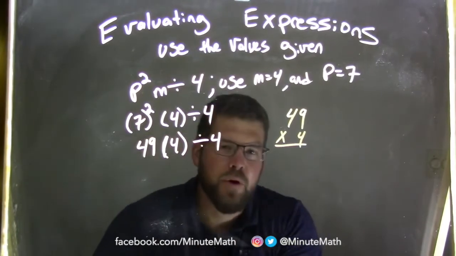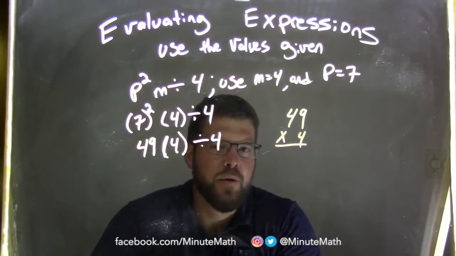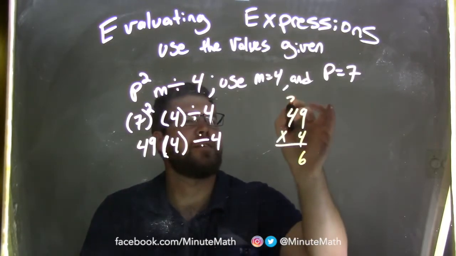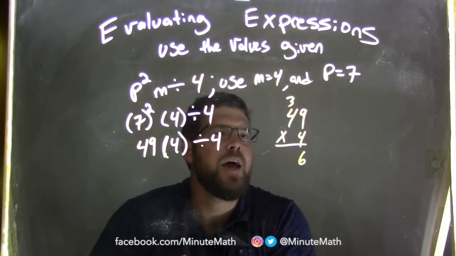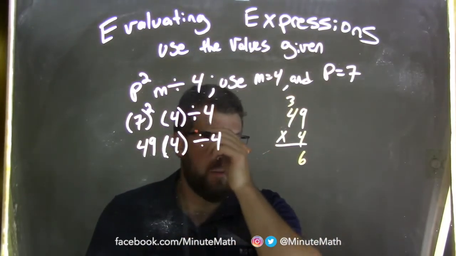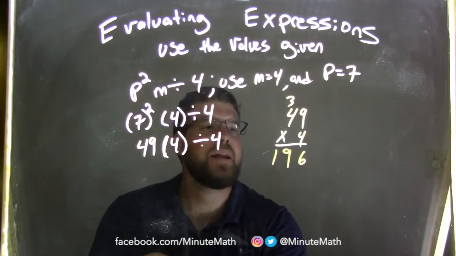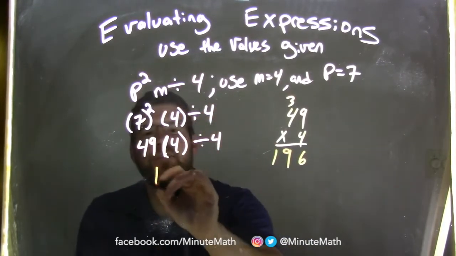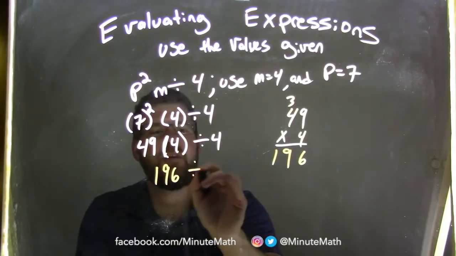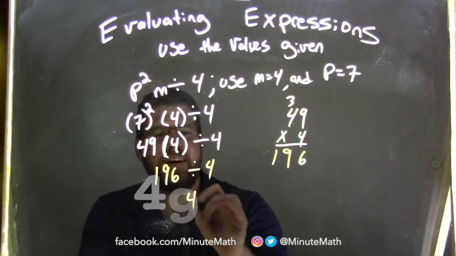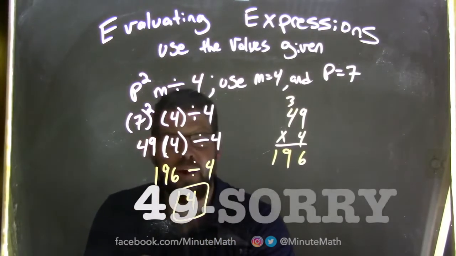What's 9 times 4? Well, 9 times 4 is 36, 6, 3 up here. And 4 times 4 is 16. Add the 3 to it, and we get 19. So 49 times 4 is 196. So 196 is my answer, divided by 4. And take my word for it, 196 divided by 4 is 49 again. Okay?